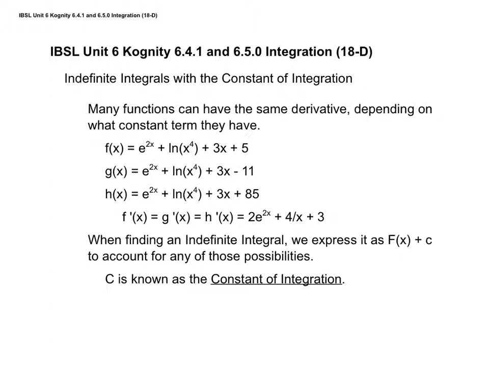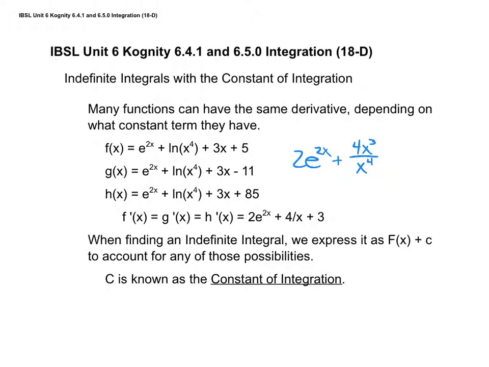If I were to take the derivative of each of those, I'd have to use the chain rule for the e to the 2x, so it'd be e to the 2x times the derivative of 2x. And then the derivative of the natural log. Do you guys remember the rule for derivative of natural log? It's the derivative of the function divided by the function. If you have that function inside the natural log, it's the derivative of that function over the original function.